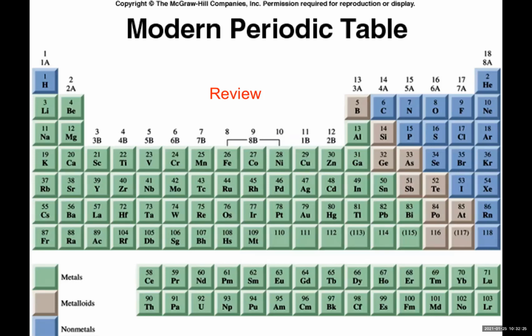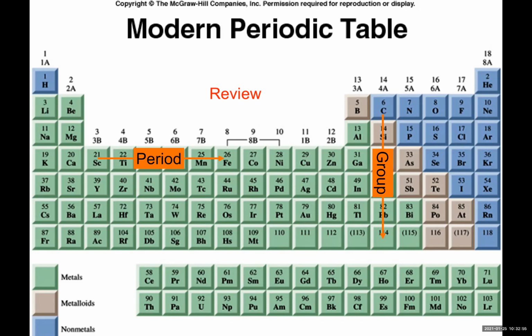On your asynchronous lecture of last Thursday, you saw that we talked about the periodic table. And we said that there are periods in the periodic table, the horizontal rows, and there are groups in the periodic table.